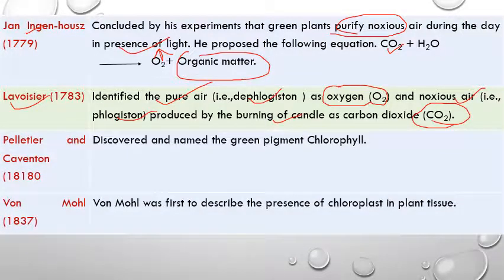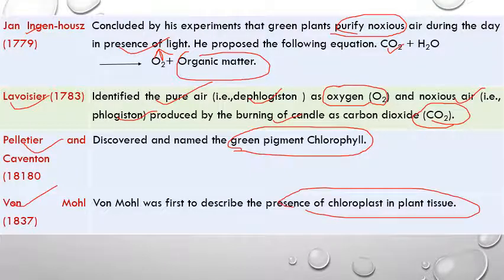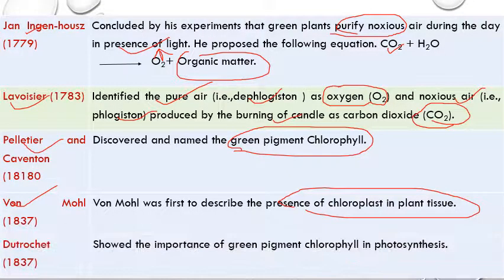The next were Pelletier and Caventou. They discovered the green pigment which is known as chlorophyll. So the discovery of chlorophyll was by these scientists. Next was von Mohl. He was the first to describe the presence of chloroplasts in plant tissue. Next was Dutrochet. He showed the importance of the green pigment chlorophyll for the process of photosynthesis.